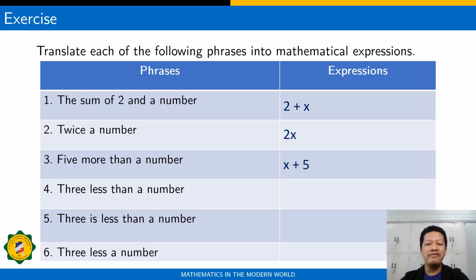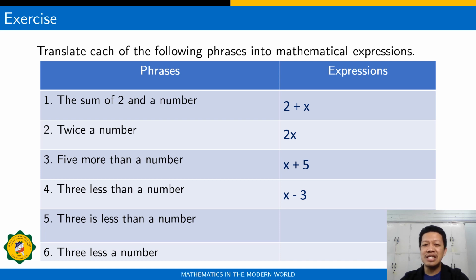For number 4, 5, and 6, let's compare because there may be some similarities in terms of their phrases or words like less than, is less than, and the word less. So 3 less than a number can be written as x minus 3.